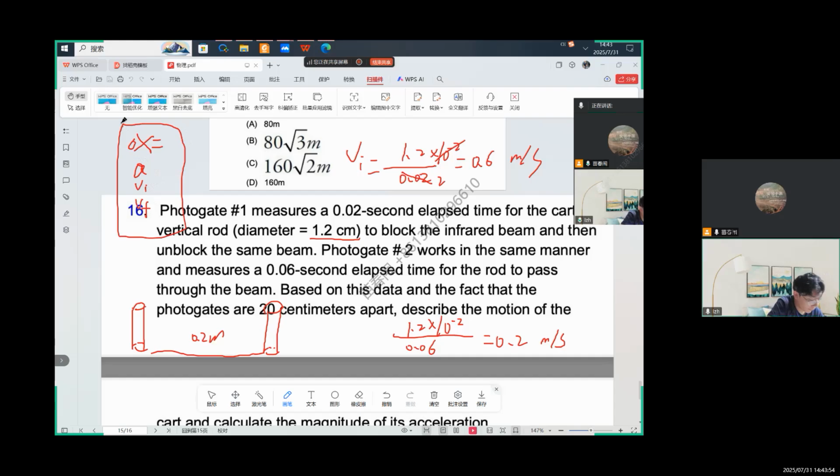Do you have the big five formula sheet? You can check which formula involves delta x and acceleration and v initial and v final. No time, especially. We don't really know the time from one photogate to the other photogate.